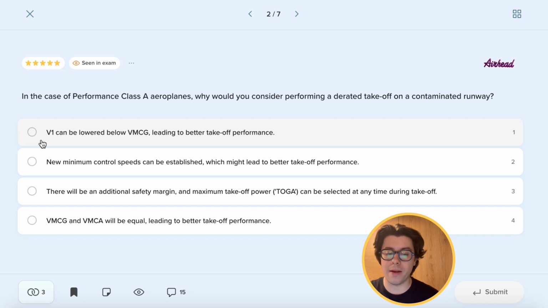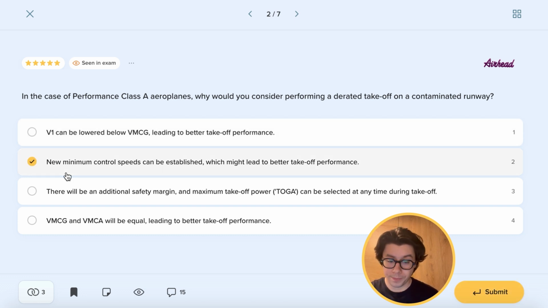This doesn't make much sense. New minimum control speeds can be established, which might lead to better takeoff performance. Absolutely yes, this is what we just discussed. And of course, the additional safety margin and maximum TOGA power can be selected at any time during takeoff. Like we just discussed, with a derating, this is not possible. However, when you're doing a flex takeoff, then you can always select the TOGA power.